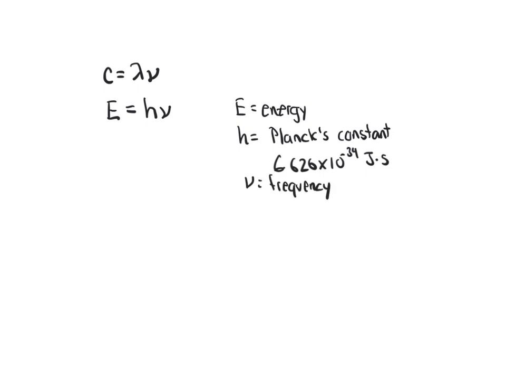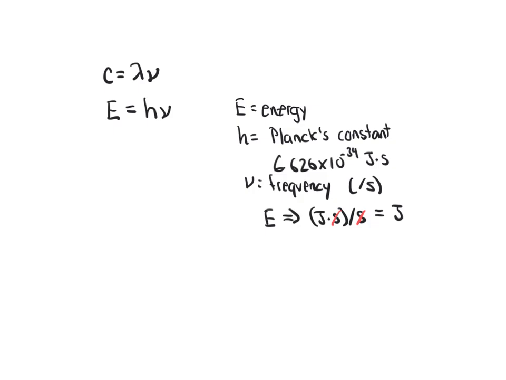If we take Planck's constant, which has units of joules times seconds, and multiply by the frequency, which has units of per second, then the energy will be joules times seconds divided by seconds. So the seconds divide out, and we are left with joules as the unit of energy. In SI units, energy is in joules.